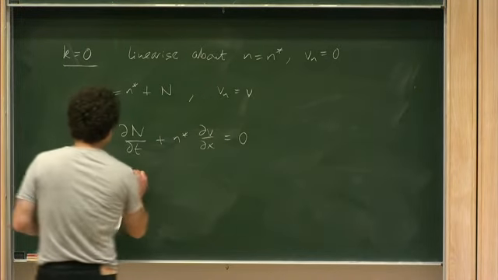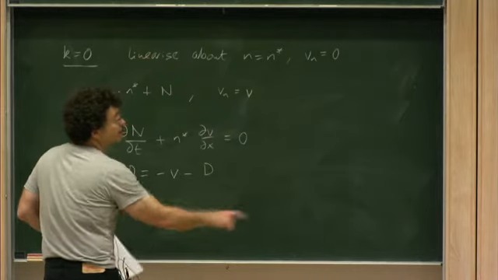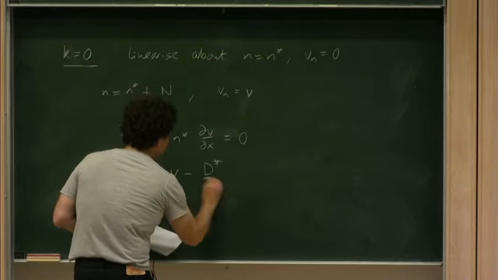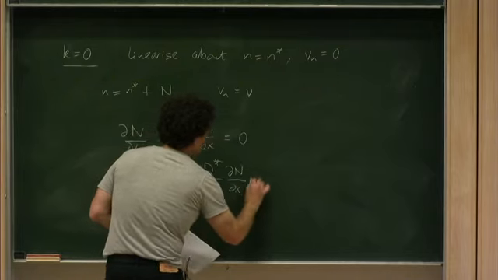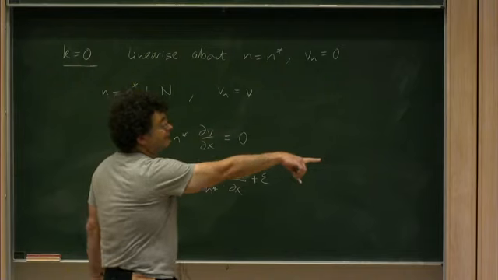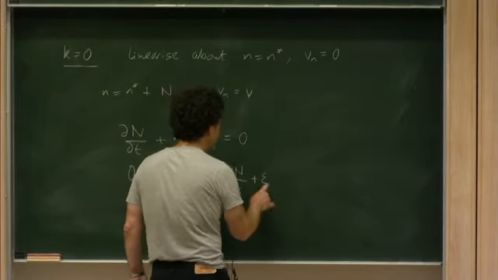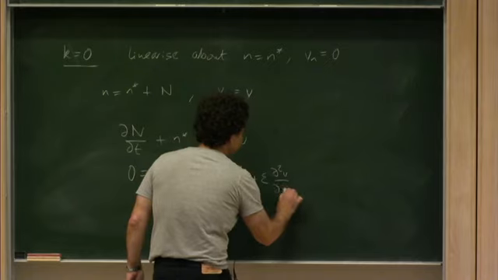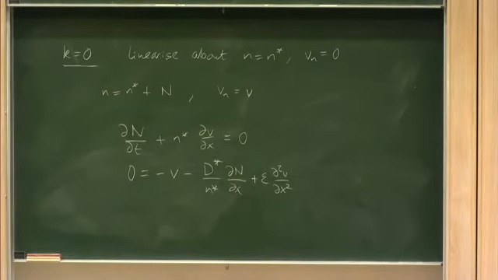And then the second equation, naught, is going to be minus v. I multiply up by the lambda factor. D star is D evaluated at n equals n star, times dN by dx. And then I'm going to call everything to do with the mu term epsilon, which may or may not be small, but if you think in terms of mathematical regularizations, it will be small. Okay, so that's what the linearized system looks like.